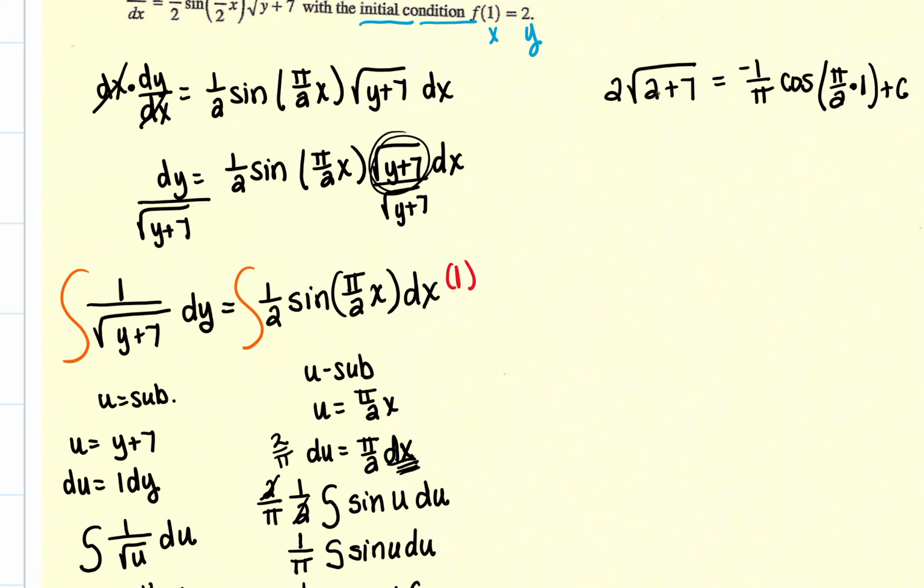So that's going to be the square root of 9, which is 3, but times 2 is 6. So 6 equals 1 over pi, the cosine of pi over 2.